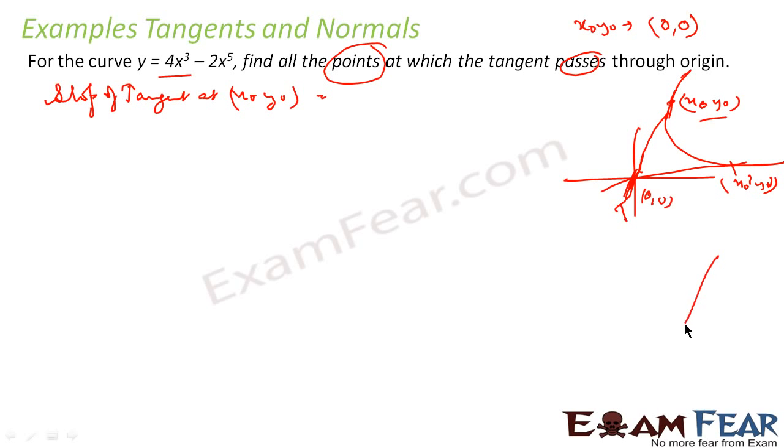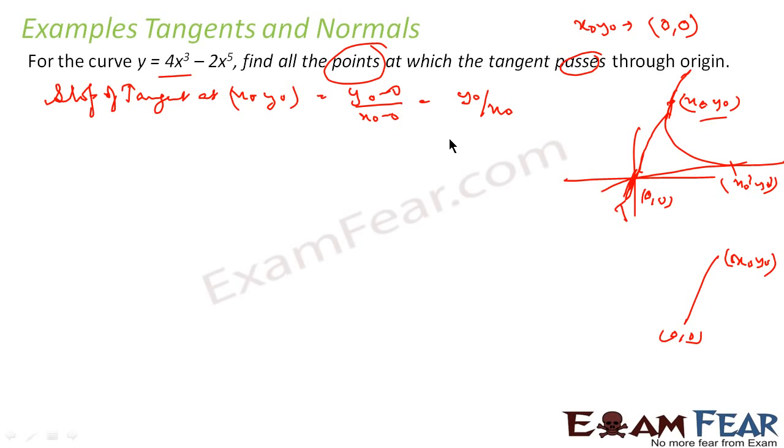So this is nothing but a line which has 0 and 0 as one point and x0 and y0 as another point. So slope will be nothing but y2 minus y1, that is y0 minus 0, by x2 minus x1, that is x0 minus 0. And that is nothing but y0 by x0.